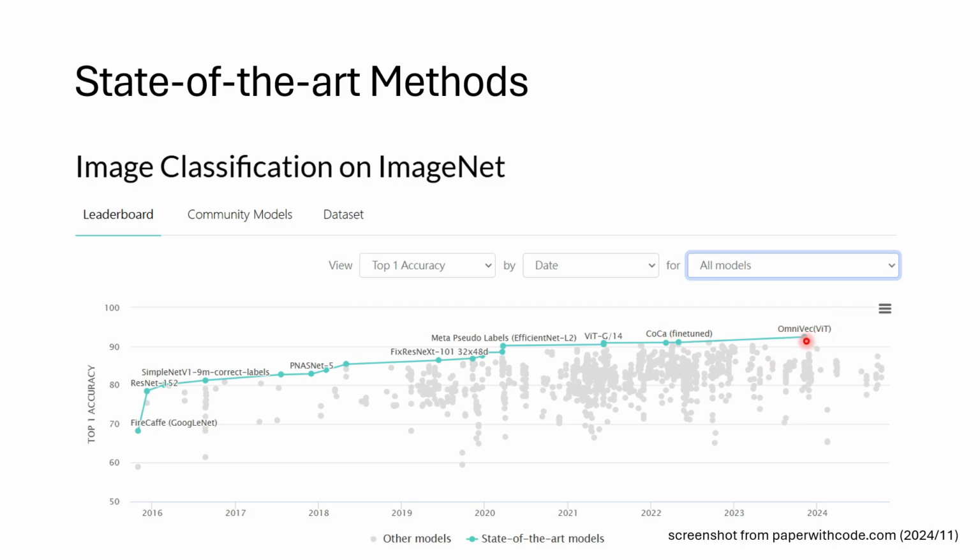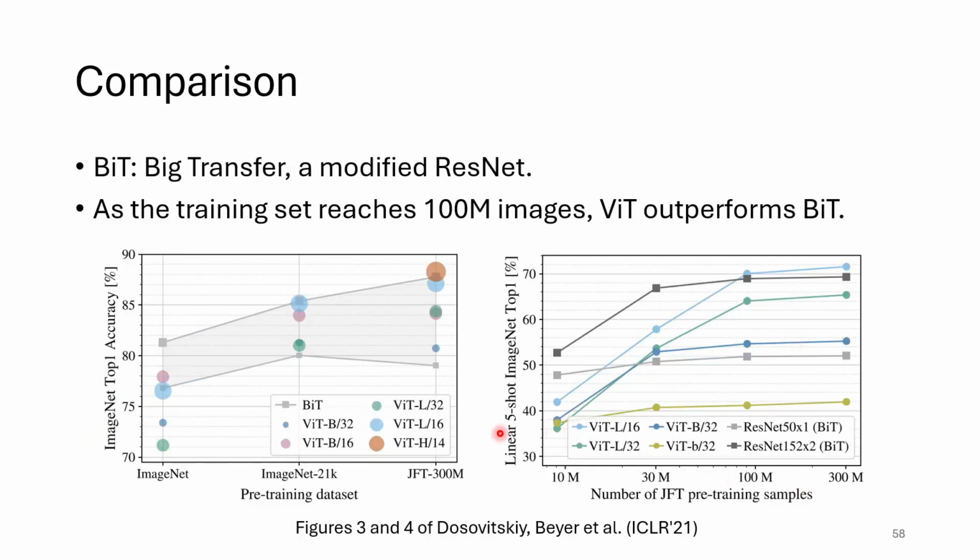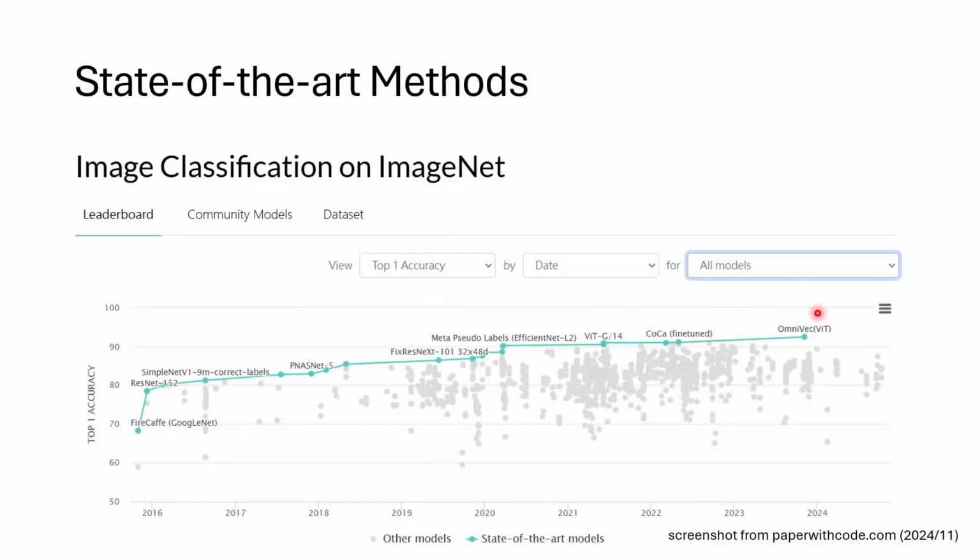One of the reasons is they use extra data, so that they can exploit not only the training images in ImageNet, but also others, just like JFT-300M. Once they use other image resources, they generate better results. So this is what is called Omni-Vec, and this is ViT. It is a vision transformer based method, but they use more data.